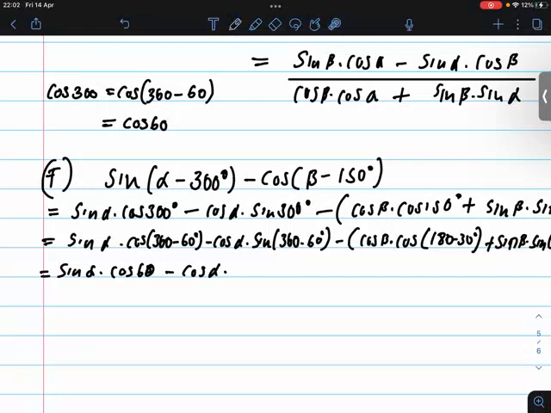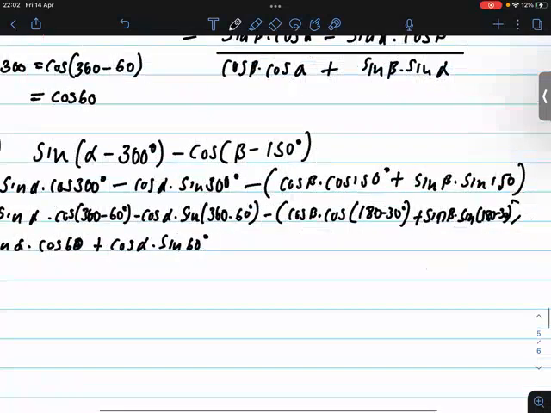Notice that when sine becomes negative, the negative will multiply this negative here, and then this will become positive. So that is sine of 60, and then minus, bracket, cos of beta.